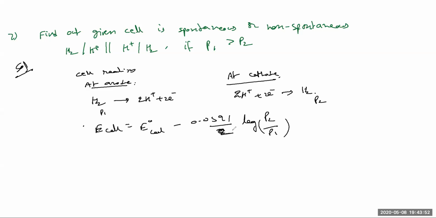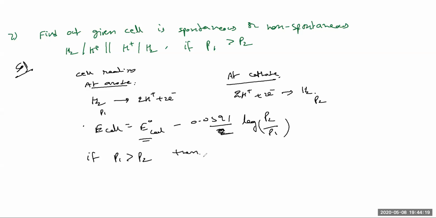Both electrodes are identical, therefore E naught cell is 0 because it's the same. So this is 0. So if P1 is greater than P2, here P1 is greater than P2, you should try to understand that from that equation.